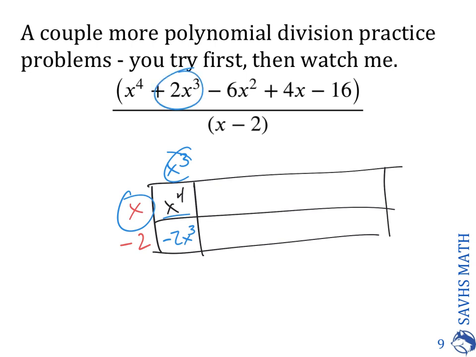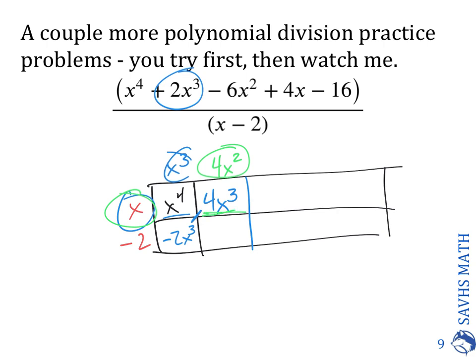I want positive 2x cubed. So what do I have to add to get there? I have to add 4x cubed. So then, to get to the top of the box, I need to put a 4x squared there, because 4x squared times x has to give you 4x cubed, okay?